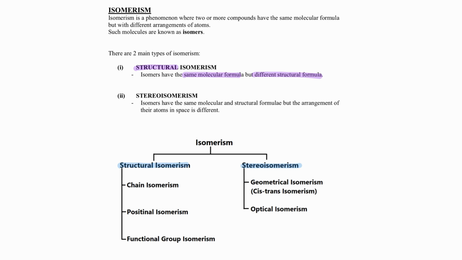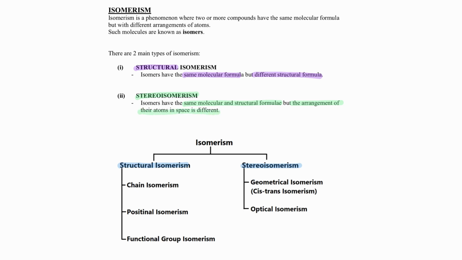Next, we have stereoisomerism. For stereoisomerism, the isomers will have the same molecular formula and structural formula, but they have different arrangement of atoms in space.